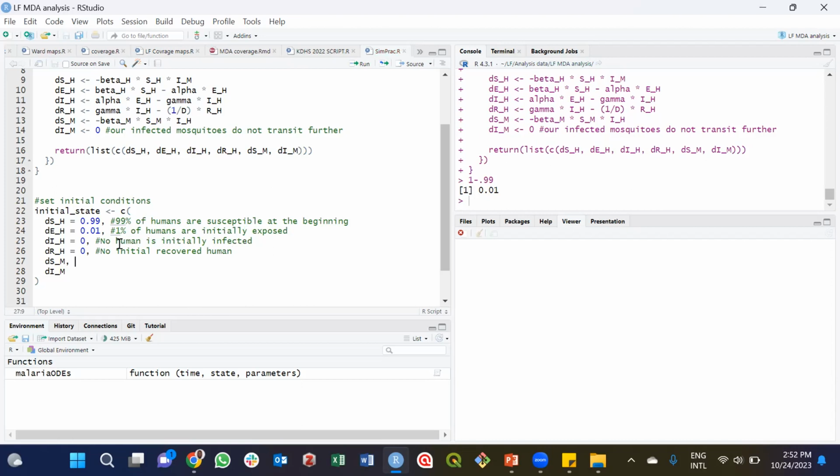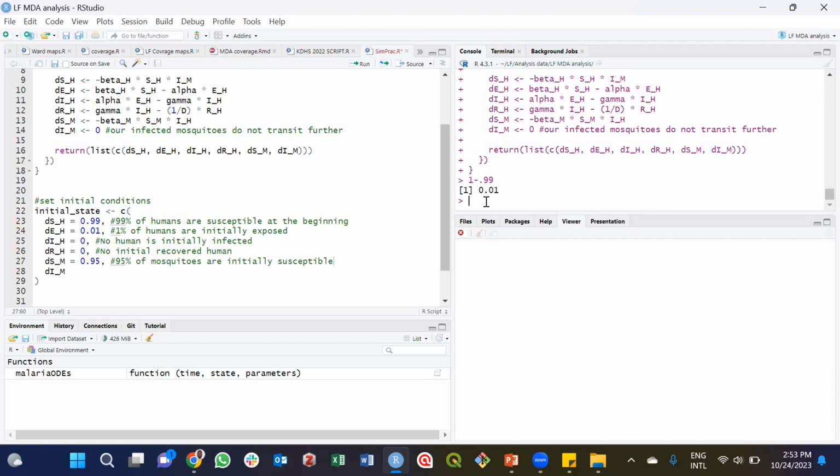For the mosquito, let's assume 95% of mosquitoes are susceptible at the beginning. They don't have Plasmodium falciparum. Only 5% of them have. So that would be 0.95. So 95% of mosquitoes are initially susceptible.